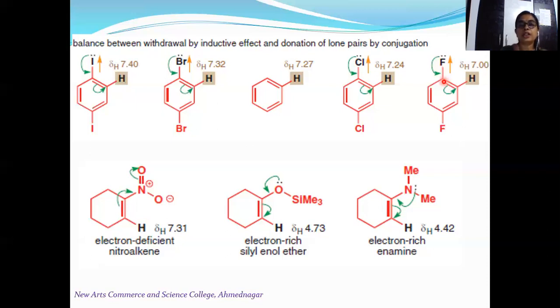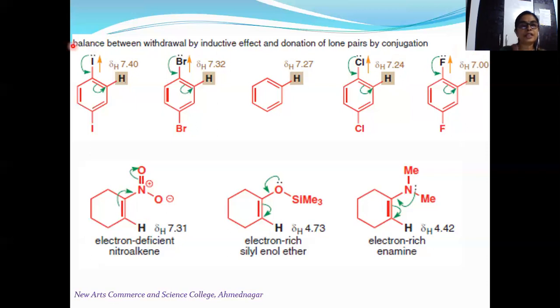So that is why even though fluorine is more electronegative, its electron donating resonance effect is much stronger and therefore it shields the ortho proton. Chlorine is slightly larger in size. Its shielding effect is a little bit less than fluorine. Therefore, chlorobenzene ortho protons are slightly de-shielded than the ortho protons of fluorobenzene.